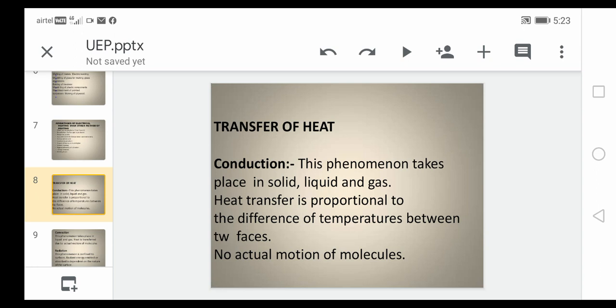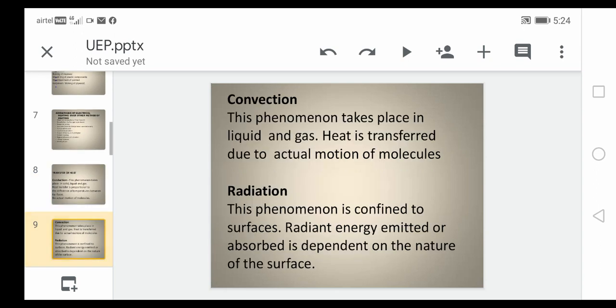Heat transfer is proportional to the difference of temperatures between two phases, with no actual motion of molecules. That means when heat is transferred from one body to another body, we call that process conduction. Convection takes place in liquids and gases. Heat is transferred due to actual motion of molecules.